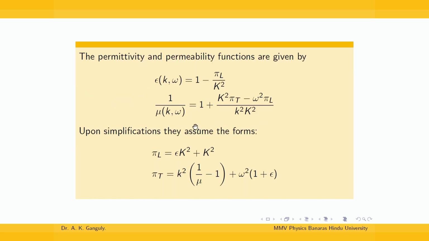Then they can be manipulated algebraically to give us pi L in terms of only epsilon and 3-k square, and pi transverse in terms of epsilon, mu and 3-k square.